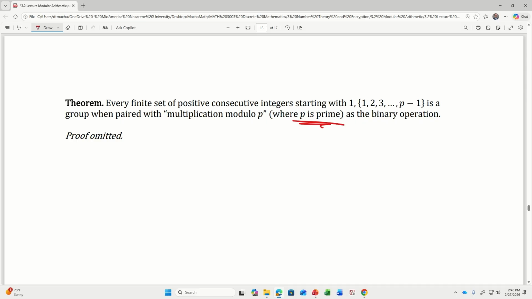And why would that work? Because if p is a prime number, then all of those other numbers are co-prime to a prime number. And so every one of those numbers is allowed to have an inverse. I can't prove to you that they must have an inverse, but we can now say that they're allowed to at least.